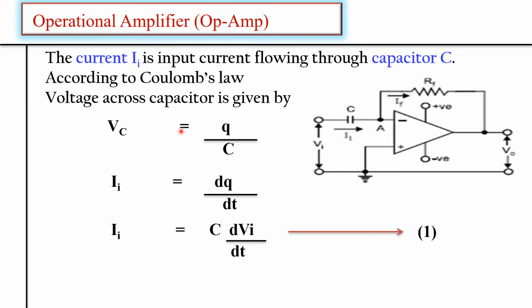So Vc is equal to the charge upon the capacitor, but the current I is equal to dq/dt. And what is q? q is nothing but Vc into C. So Ii is equal to C into dVi/dt. So here it is C times dVi/dt, and that is equation number 1.